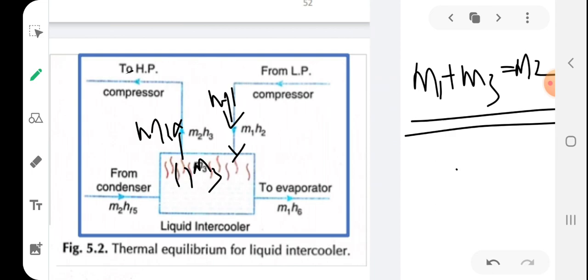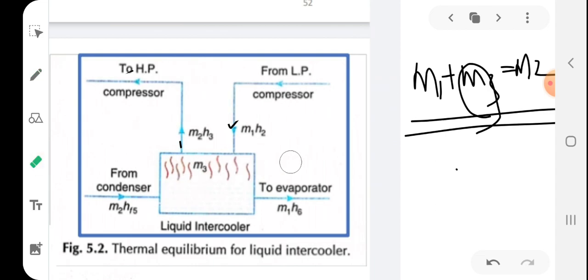But this won't be enough for finding m2 because here m3 is there. m3 also you don't know. You have no idea about m3. So you will require one more equation. For that, you have to apply the conservation of energy in the case of the liquid intercooler.